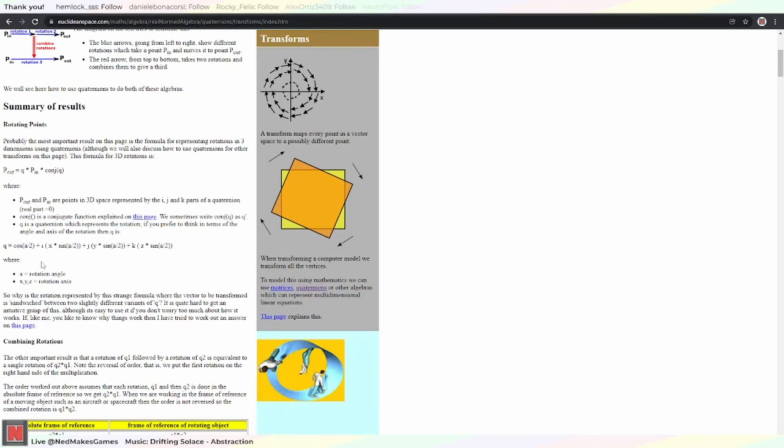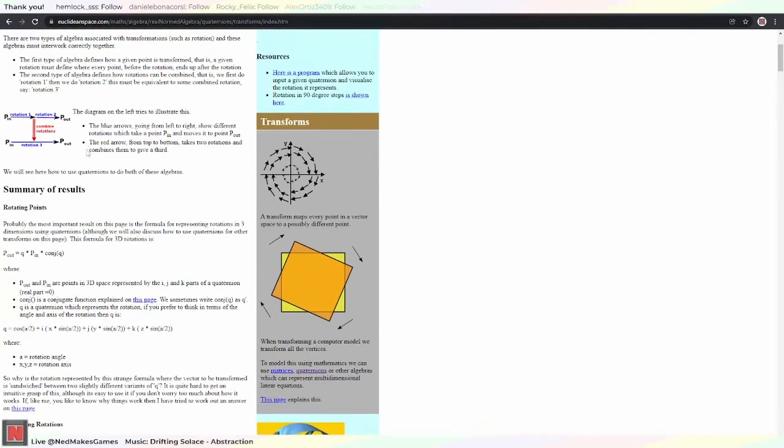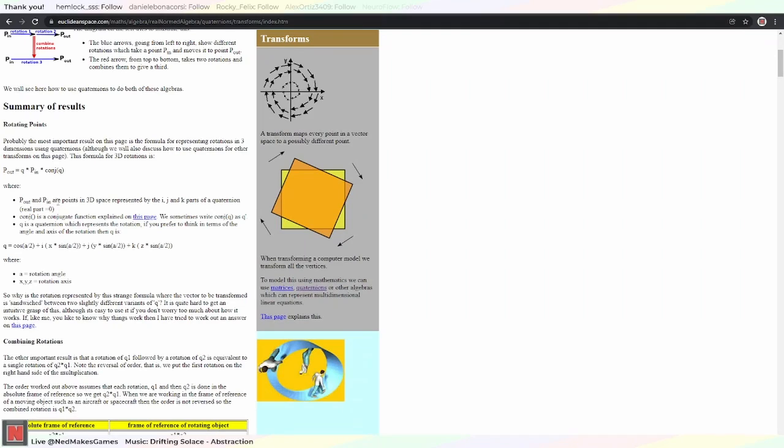Okay. So it's the quaternion times the point times the conjugate of the quaternion, whatever that is. Hopefully they'll explain.